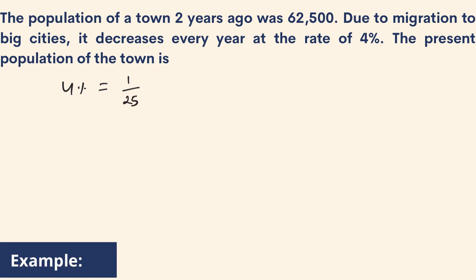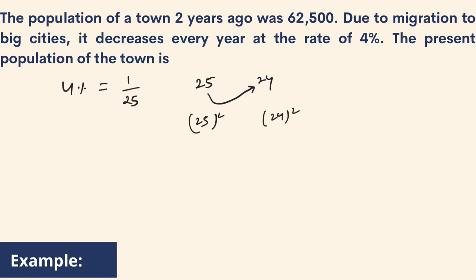So I can say every year the population from 25 becomes 24. How? Every year from 25 the decrease means 25 minus 1, so it becomes 24. In the question, population is given 2 years ago, and now it is asking after 2 years, so time is 2 years. Whenever time is 2 years, I will put a square here.